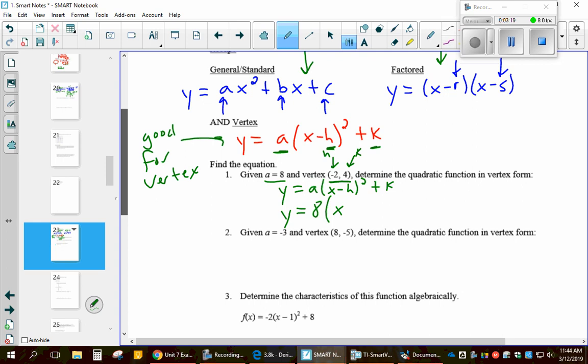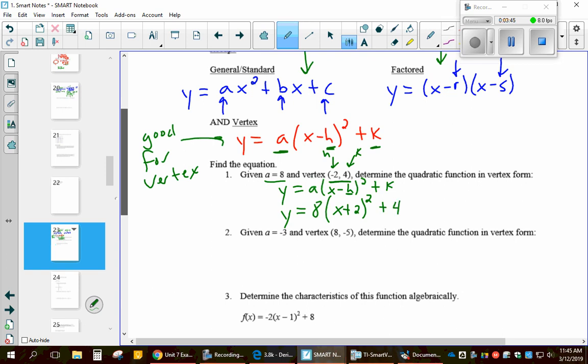So the h is related to our x, and the k is related to our y value in that form. The only little twist here is the x value. You see how it's -2 there? Well, if I put -2 in place of h, what would this look like now? It would end up being +2, right? So (x plus 2) squared, and then this is a +4, so this would be +4.